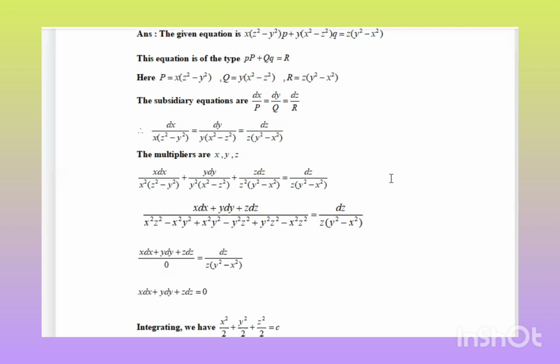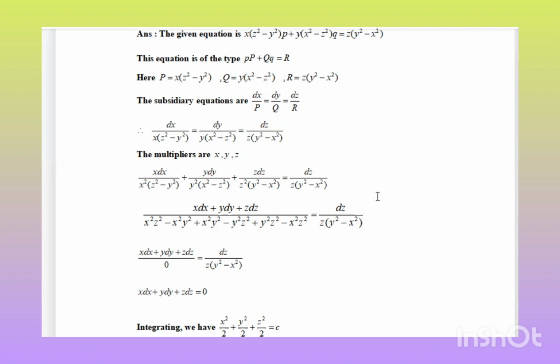So 6 divided by 12 again becomes 1 by 2. So numerator you add, denominator you add: 1 plus 2 plus 3 divided by 2 plus 4 plus 6 is equal to any one of these, 1 by 2 or 2 by 4 or 3 by 6, you may write.